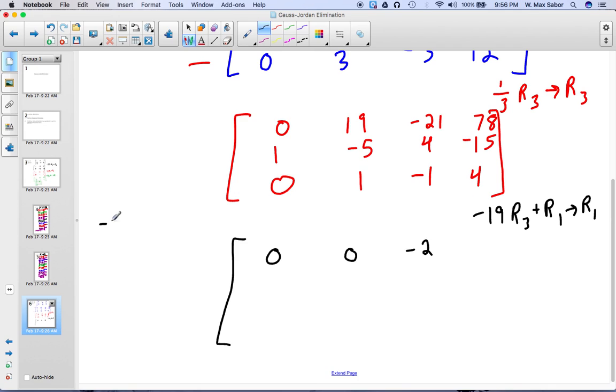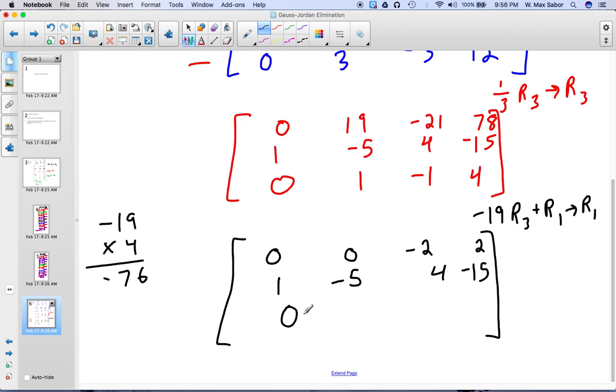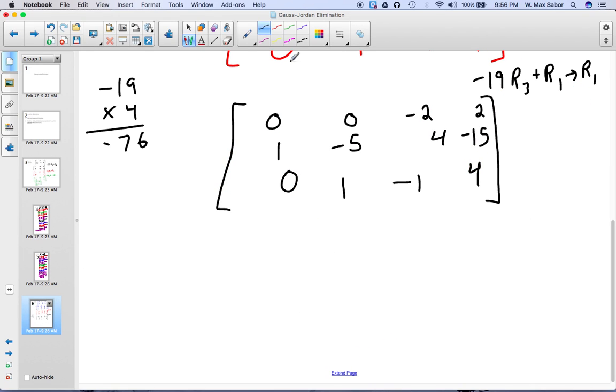Negative 19 times 4 is negative 76, plus the 78 is going to be positive 2. Oh good, things worked out. Now we pretty much have this. We can divide by negative 2.